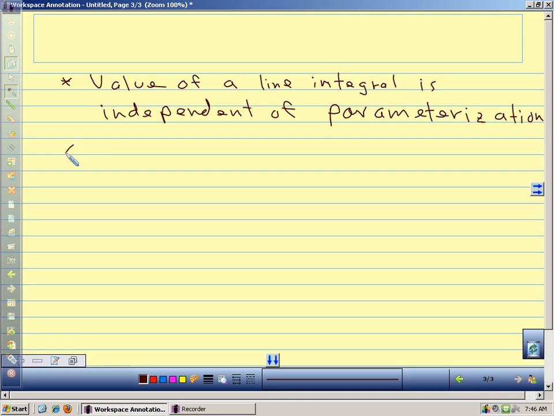The other important thing to remember, now that we're talking about line integrals of vector fields, is that the orientation of the curve affects the sign of the line integral of a vector field.